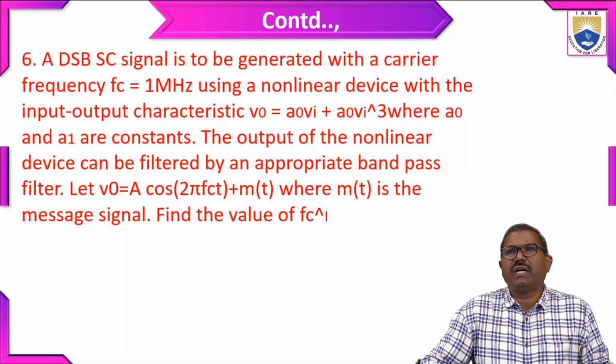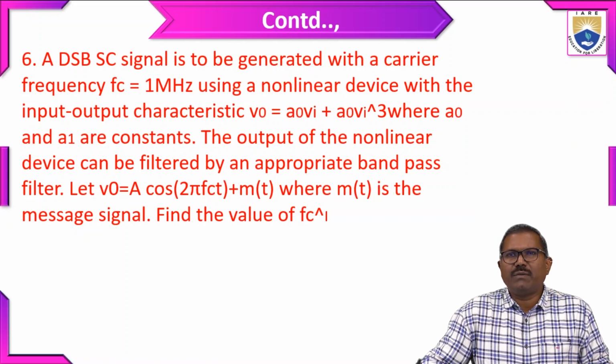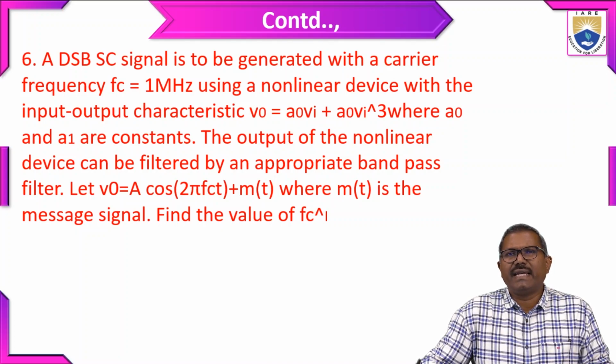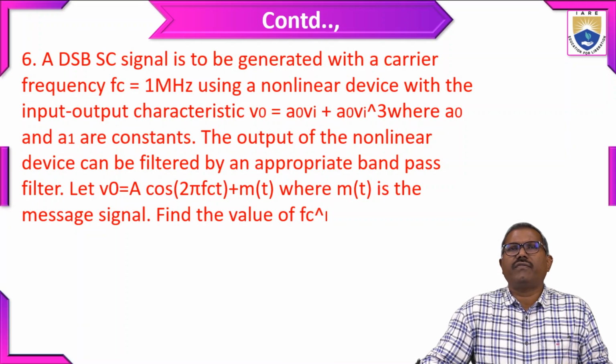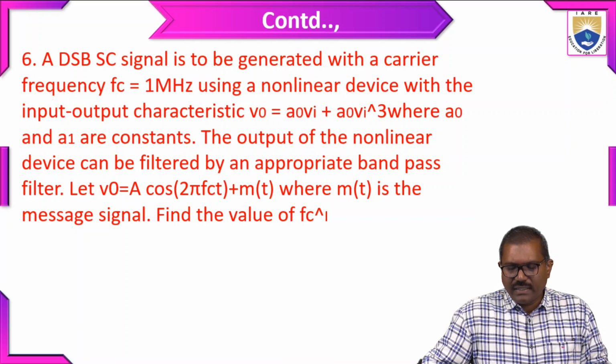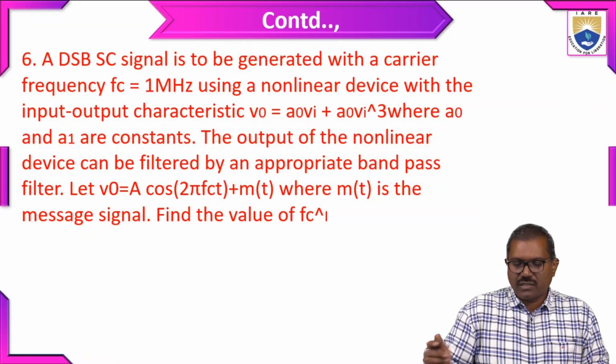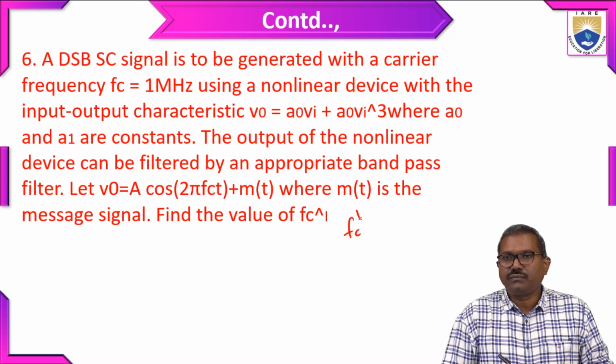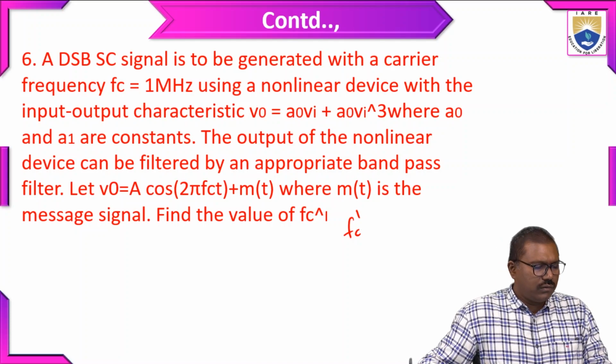The output of the non-linear device can be filtered by an appropriate band pass filter. Let V0 be A cos 2 pi fc t plus m of t, where m of t is the message signal. Find fc dash.